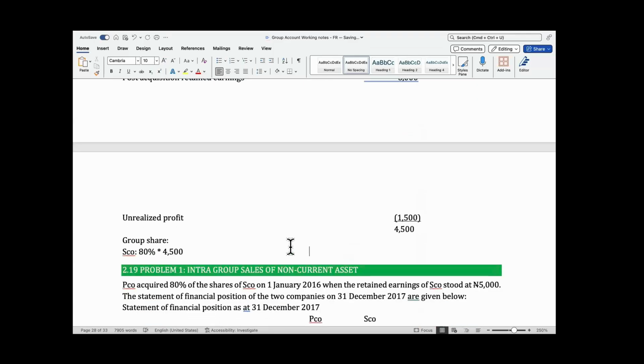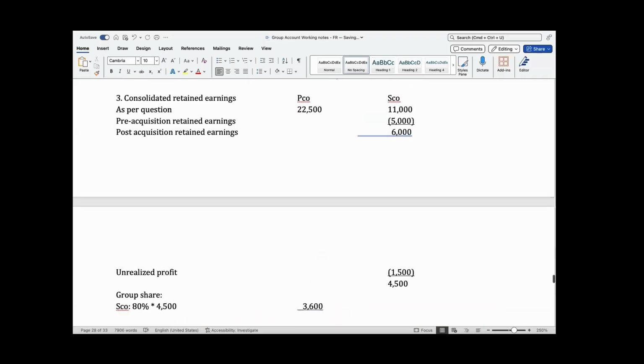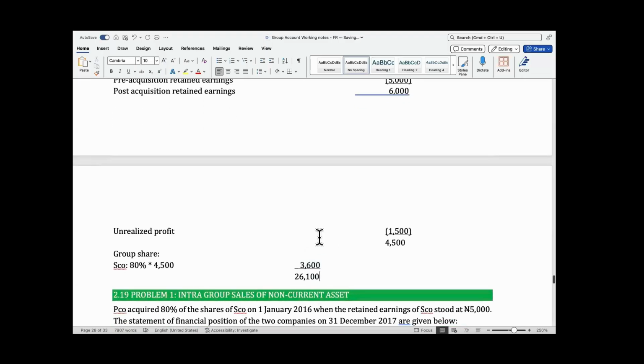That's 3,600. So add it together to 22,500. That gives 26,100.